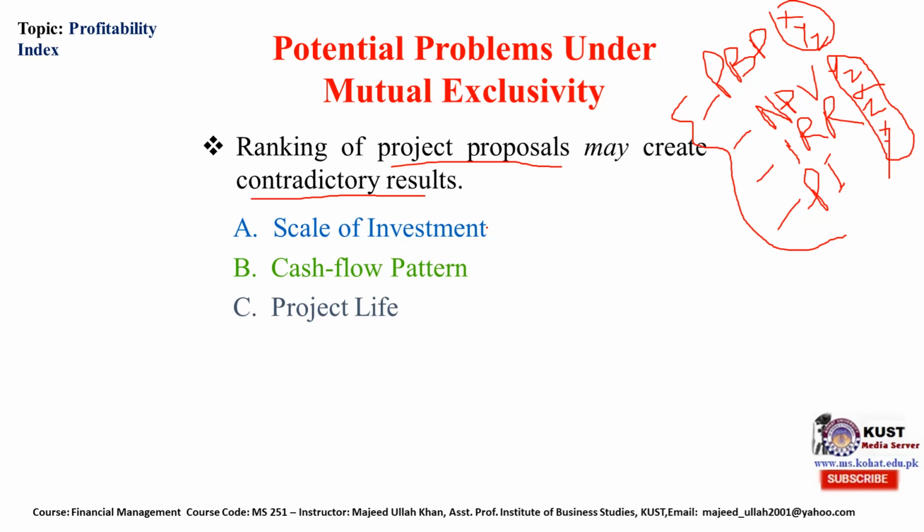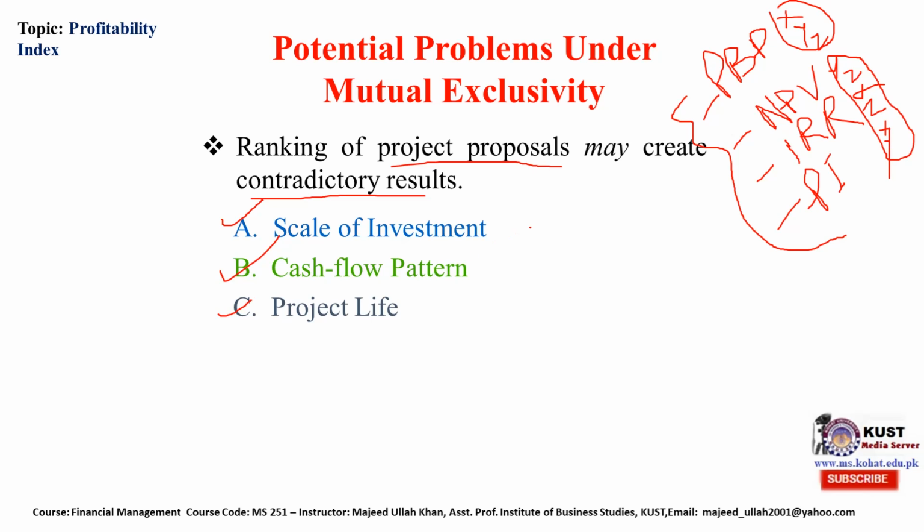Scale of investment. This is one of the problems in mutually exclusive project ranking. Then cash flow pattern, that is, how we will accept or reject one project and accept or reject another project. And project life.